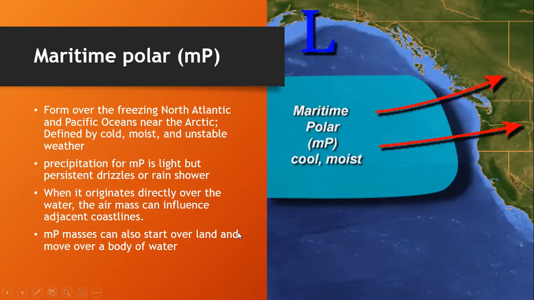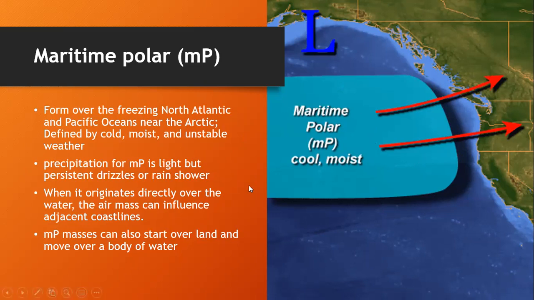It usually originates directly over water, in this case in the northern Atlantic, and that's where the polar comes in. Maritime means marine or oceanic, and polar is near the poles, north or south. In this case, you're looking at a more northern maritime polar air mass, and that's pretty much how they're named.